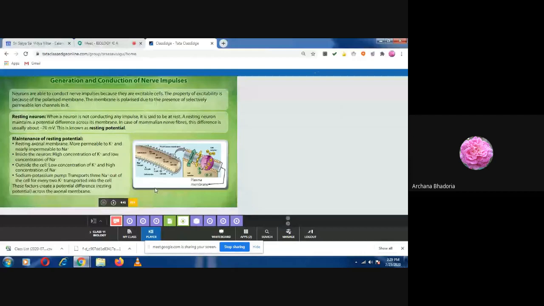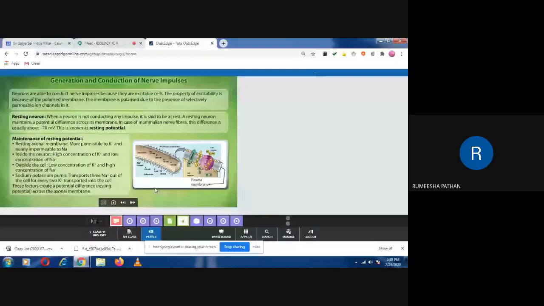Because it will be polarized, and you will find that outside the membrane it will be positively charged and inside it will be negatively charged. The sodium ions will be more outside and potassium ions will be more inside. Is this much clear to everyone and noted also? Rumisha, yes, ma'am.